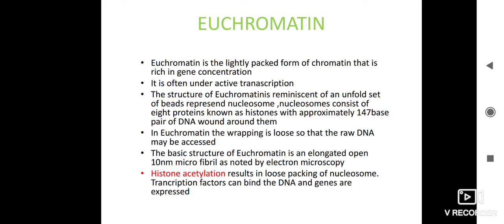In euchromatin, the wrapping is loose so that the raw DNA may be accessed. The basic structure of euchromatin is an elongated open 10 nm microfibril, as noted by electron microscopy.